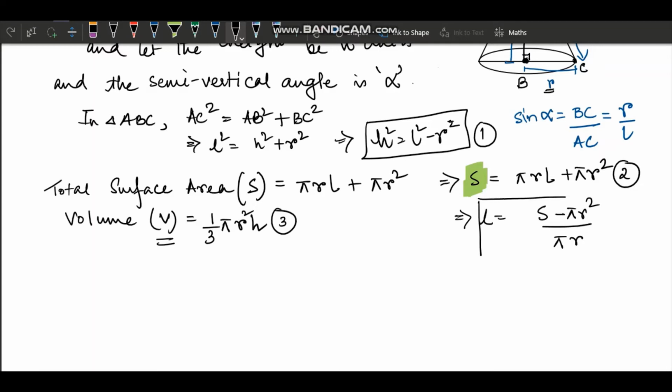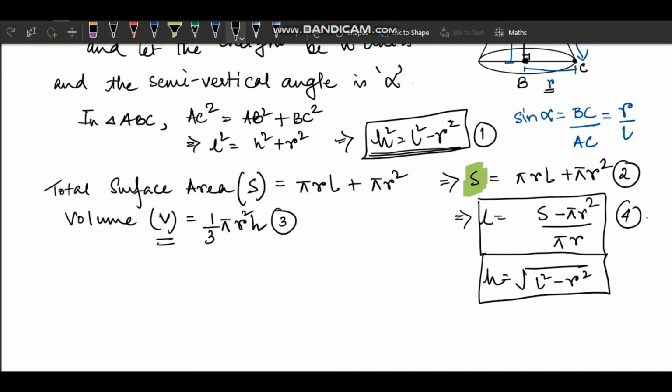Let me write this as 4. And obviously from 1 we have h square equal to L square minus r square. So we can definitely write h as root over of L square minus r square. We will make these substitutions in the third expression that we have got. So we will have V entirely in terms of R now.